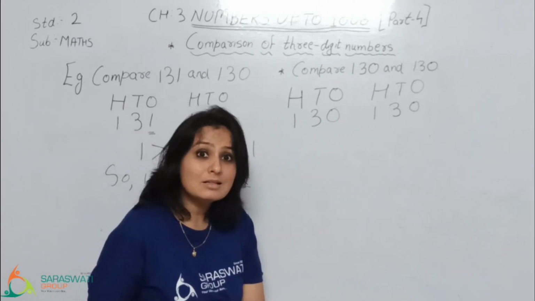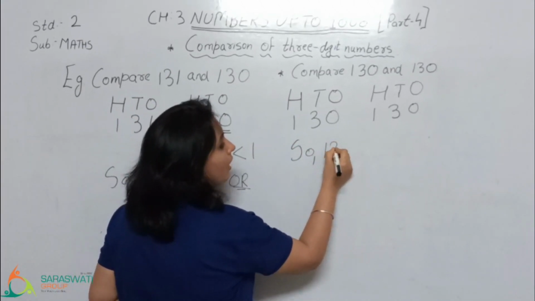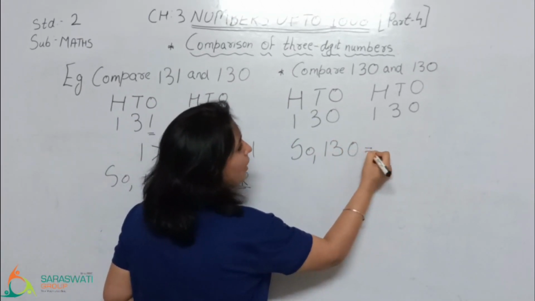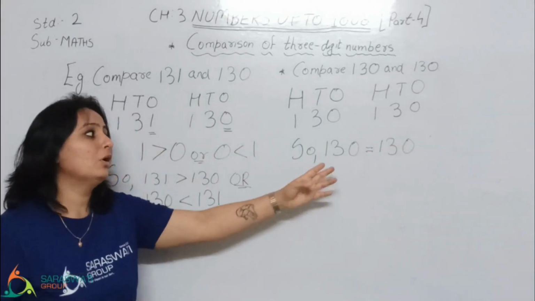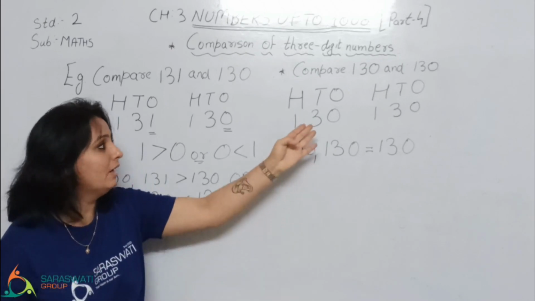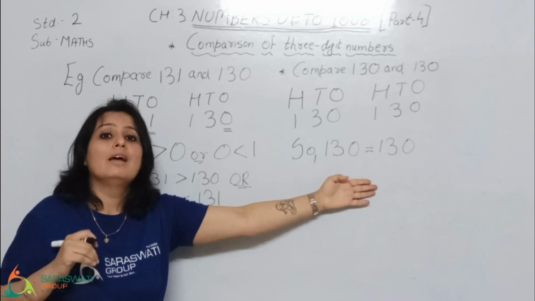So we can say that 130 is equals to 130 because यहाँ पे कोई कंपैरिजन नहीं होगा. ये नंबर और ये नंबर दोनों सेम है, तो हम लोग क्या लिखेंगे, इक्वल्स टू.